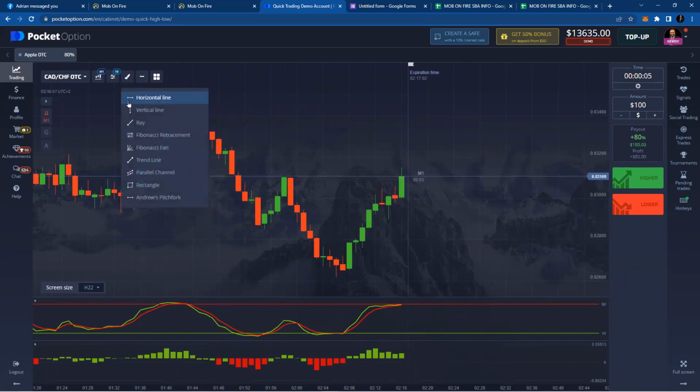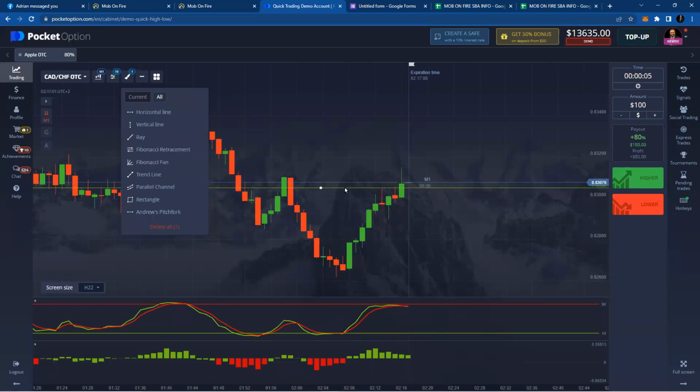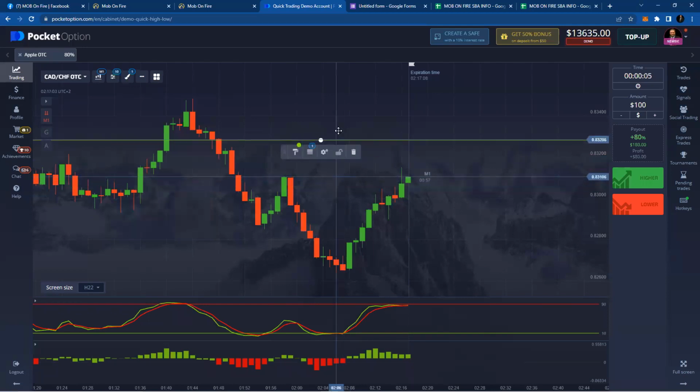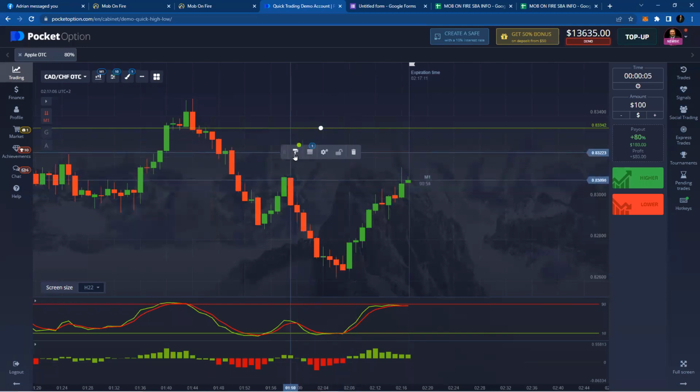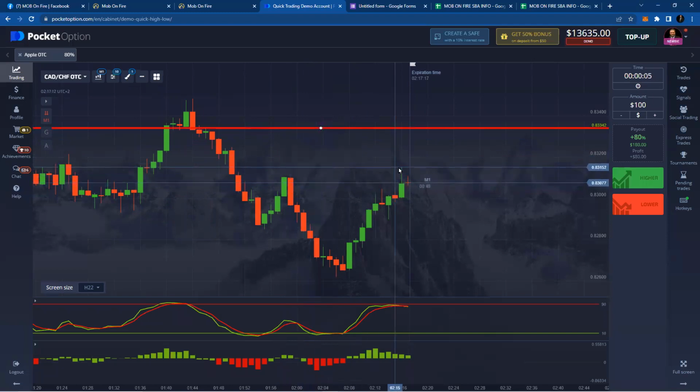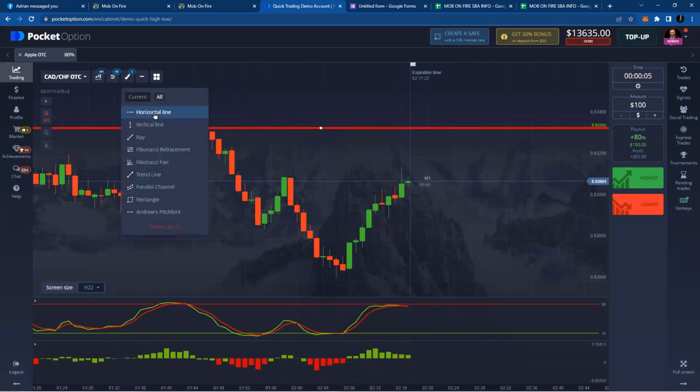This button over here is going to give me lines. I'm going to use horizontal lines. I'm going to use 1, and it's going to be red. And we're going to make it right there. Okay. And then I'm going to create another one.